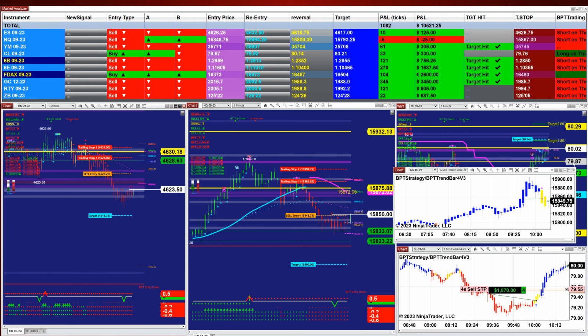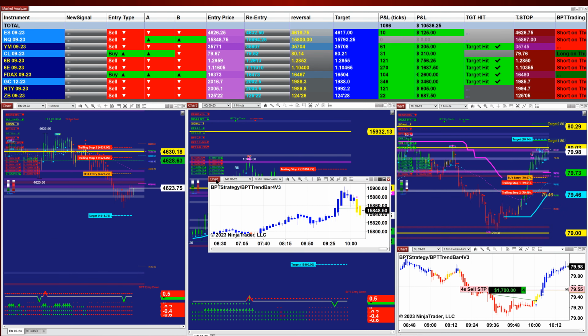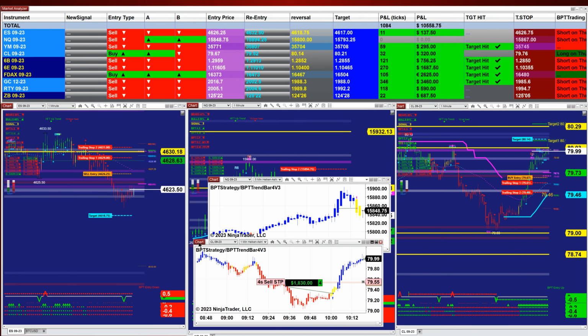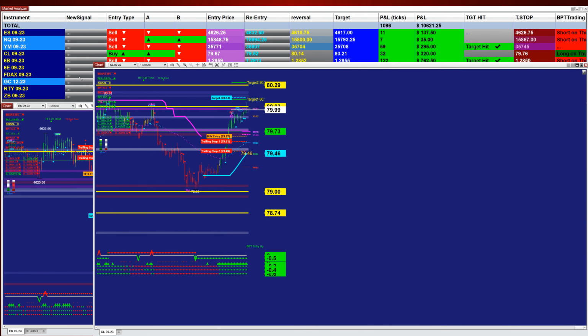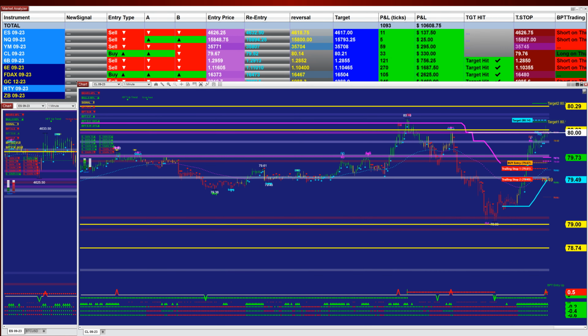So if we take the CL as an example, it's moving beautifully. When there is trouble on one side, it's a pleasure on the other side.